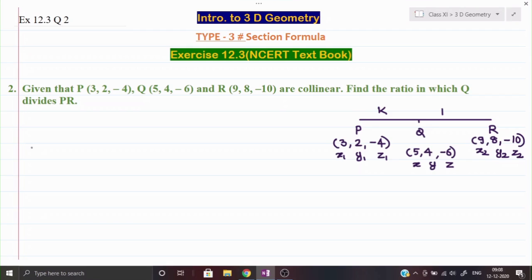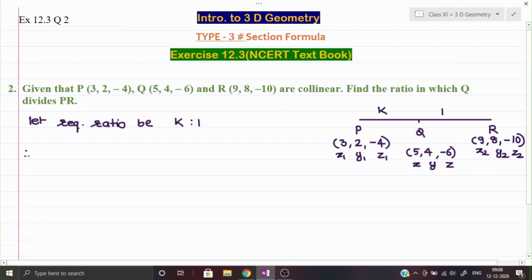Okay, so here first we shall take it as, let the required ratio be k ratio 1. Now we shall apply the section formula. So therefore by section formula, see, in the section formula we shall apply only for one coordinate.